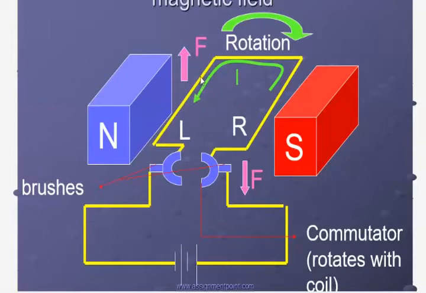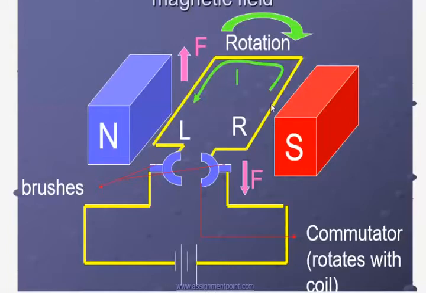Then you will see that your thumb will point upwards. That means this arm will experience a force directed upwards. The magnitude of the force will be equal to ILB sine 90 degrees. Since sine 90 degrees equals 1, the force will be ILB, directed upwards.